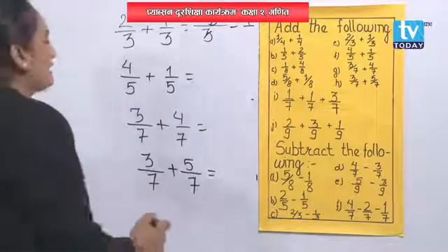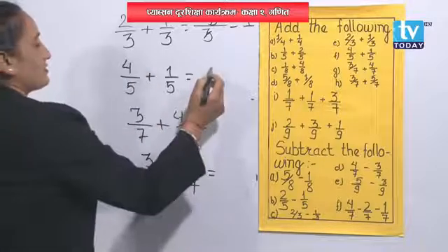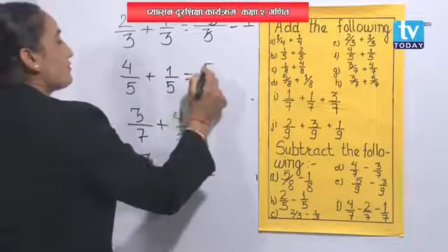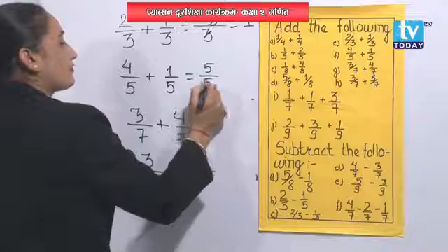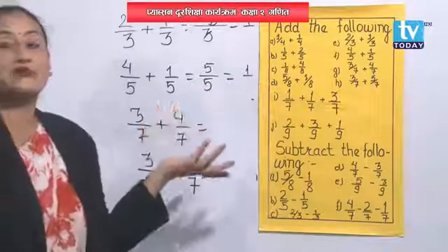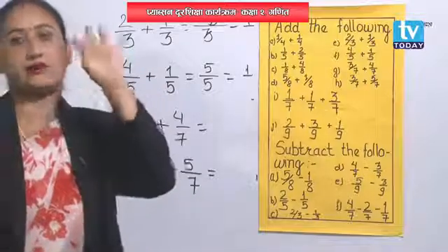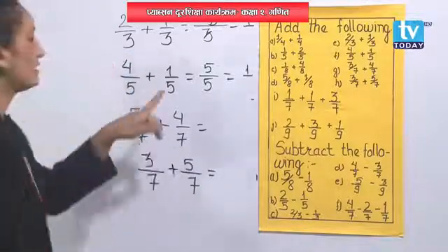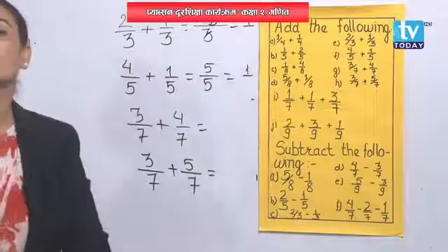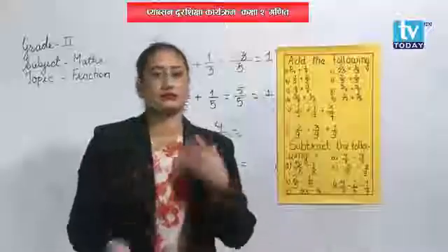Do you understand? 4 by 5, 1 by 5 is there, right, students? So, 4 plus 1, 5 by 5 is there. Can we write it directly as 1 or not? 5 by 5 means one whole apple is eaten, already completed, right, students? That means 5 by 5 means one whole apple is taken. We have already eaten it.